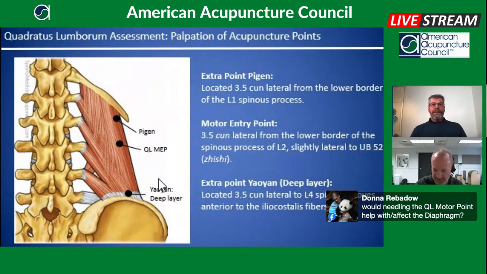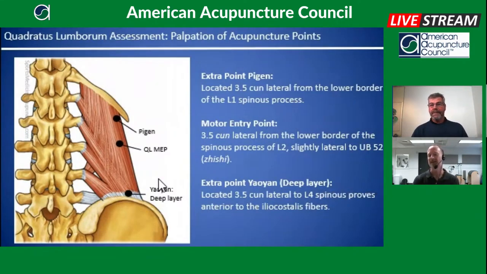When needling the QL, does the motor point help, and what is the effect on the diaphragm? Yeah, I would say that I use the QL personally, and I'll see what Matt has to say about this.